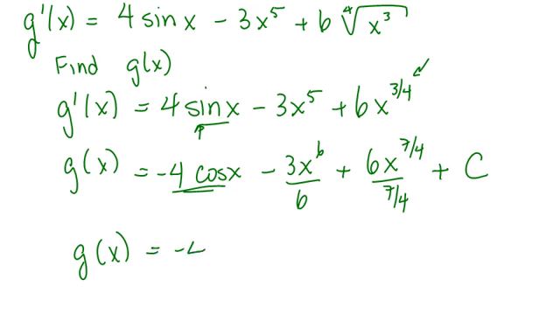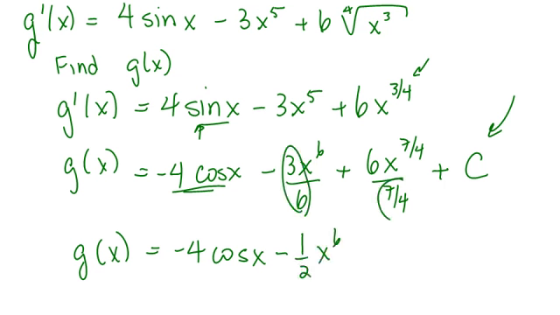So g of x should have been the family of curves. We call it a family of curves because it hasn't got one particular answer, but an infinite number of answers with that c. It is equal to, simplifying, reducing this fraction, and then flip and multiplying this one. So it's 24/7 x to the 7/4 plus c.